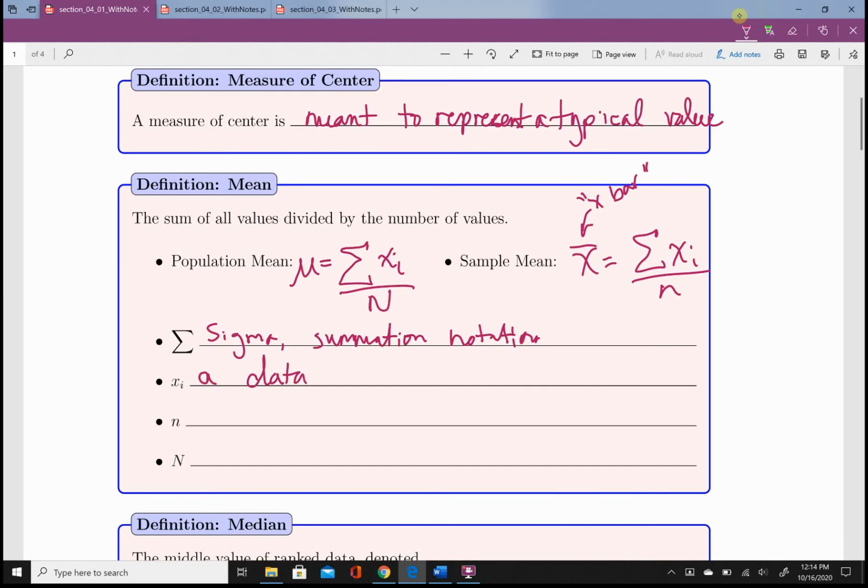Inside of the summation notation, it's meant to be the sum of all of the data points. And then lowercase n is the sample size, the number of data points in the sample, whereas capital N is the size of the entire population.